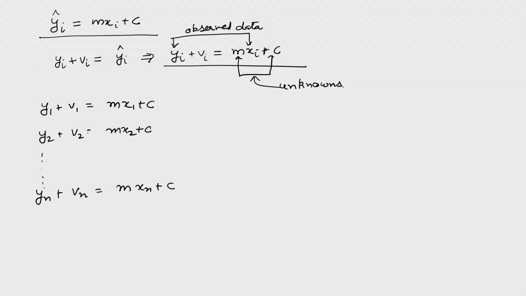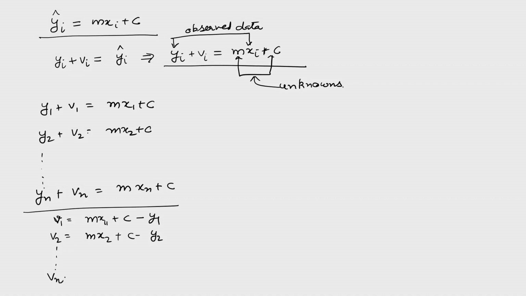So, let me write these as V1 equals m x1 plus c minus y1, V2 equals m x2 plus c minus y2, and so on. So, Vn equals m xn plus c minus yn. Okay.